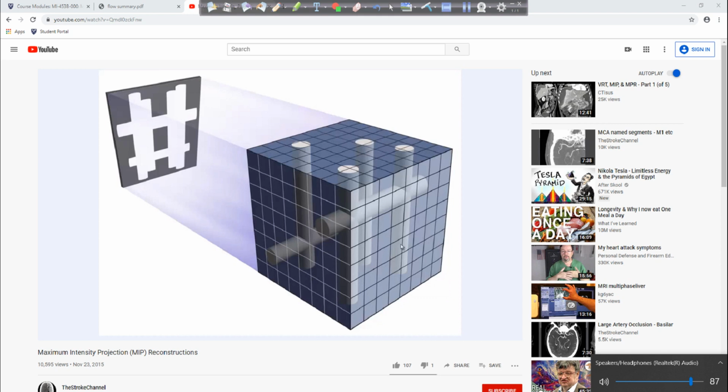If we were to collapse down the entire brain, you would see this overlay projection of all of the arteries if we follow a very simple rule, which is we look across a z-axis series of voxels at a given xy location, and we ask what is the maximum intensity of any voxel in that stack. Whatever that is, we apply that here in this two-dimensional slice representation.